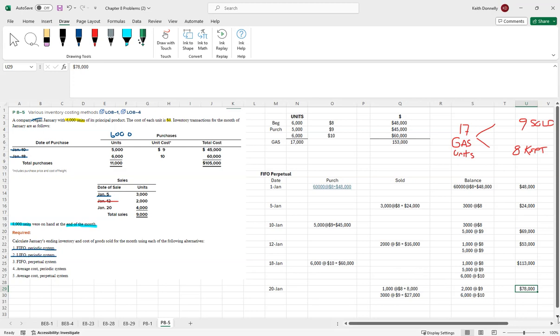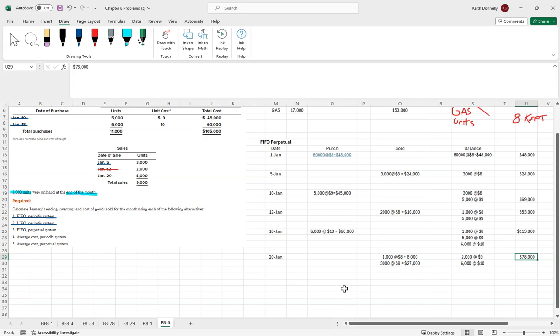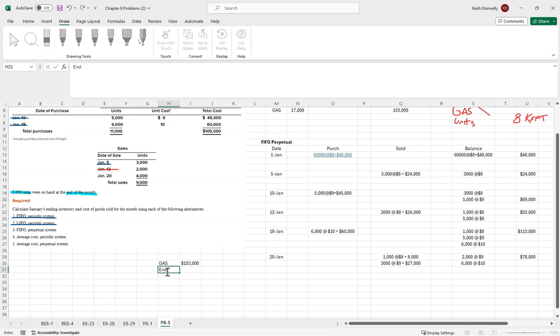So what's going on here? If we use that little equation from before, our goods available for sale, the total number on that was 153,000. Here we're saying our ending inventory equals 78.